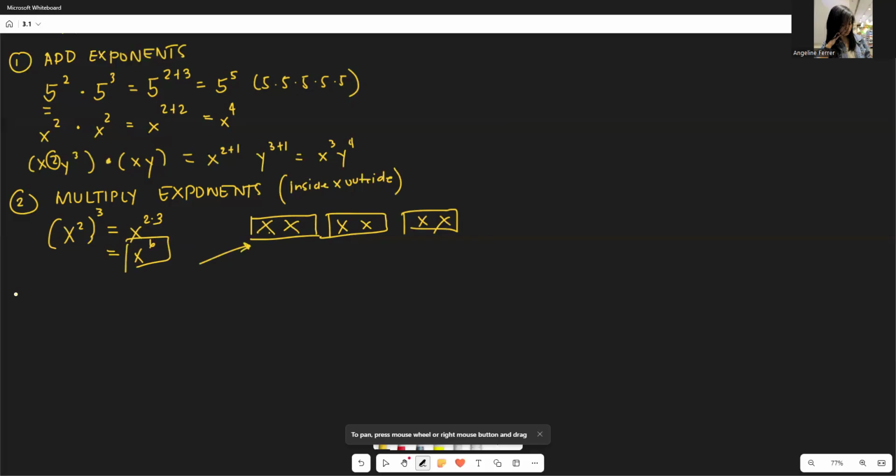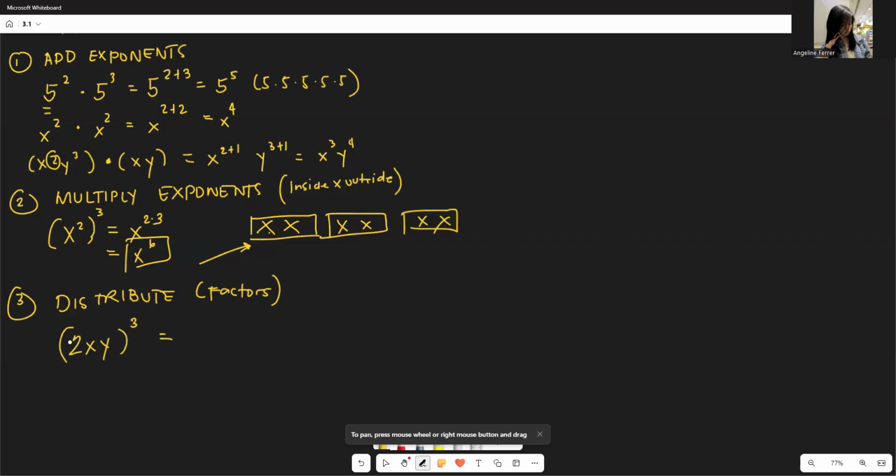Next, we have the third rule, which is distribute to the factors. So to distribute to the factors, here's what you need to do. For example, you have 2xy raised to 3.